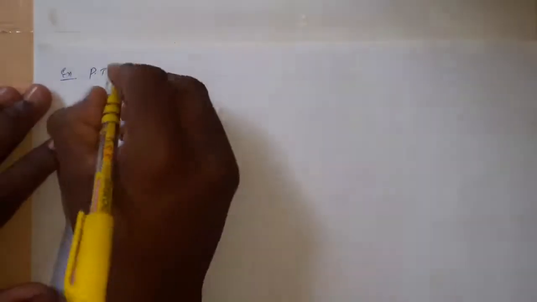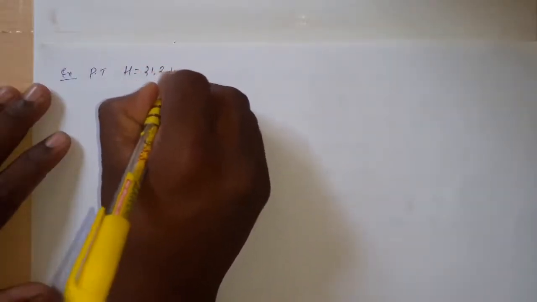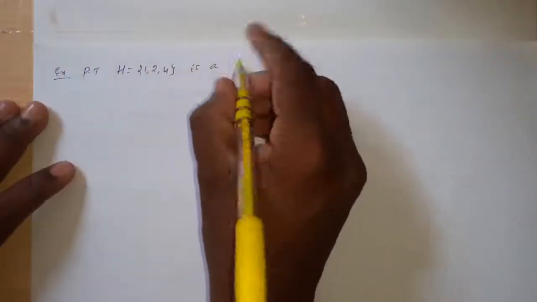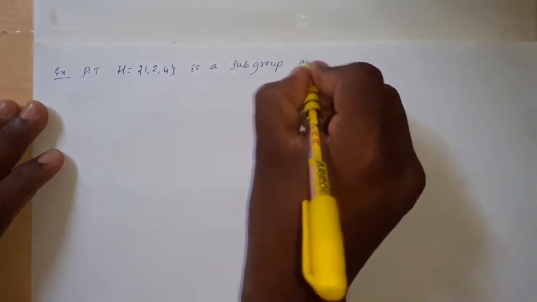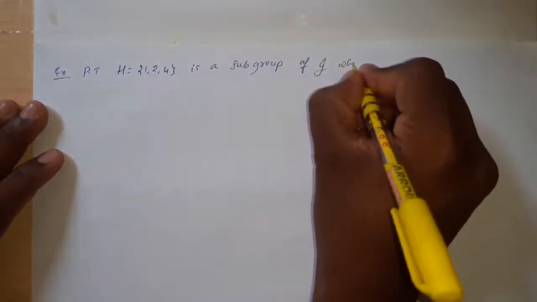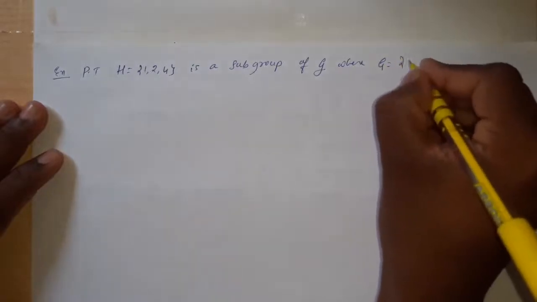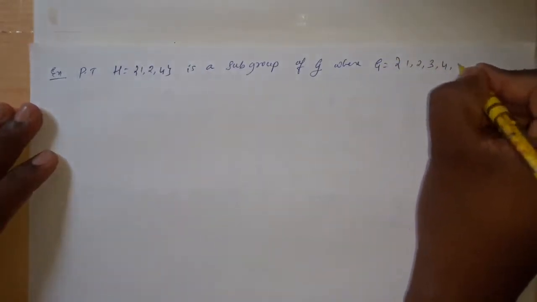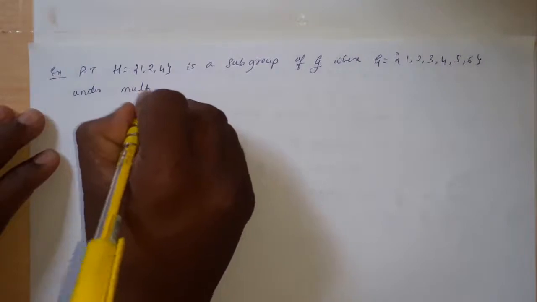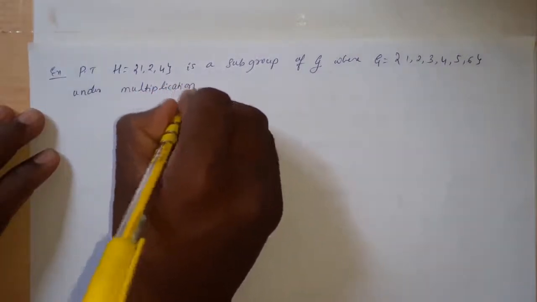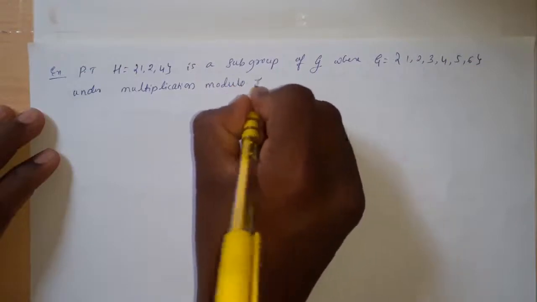So here the first example is: prove that H equal to {1, 4} is a subgroup of G where G is equal to {1, 2, 3, 4, 5, 6} under multiplication modulo 7.